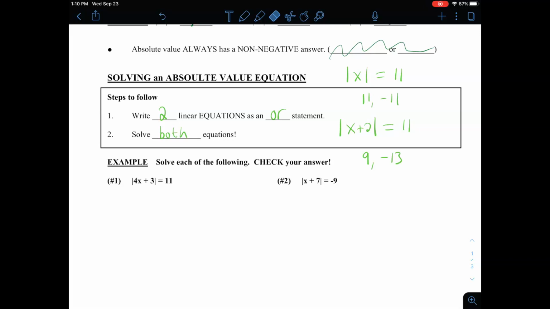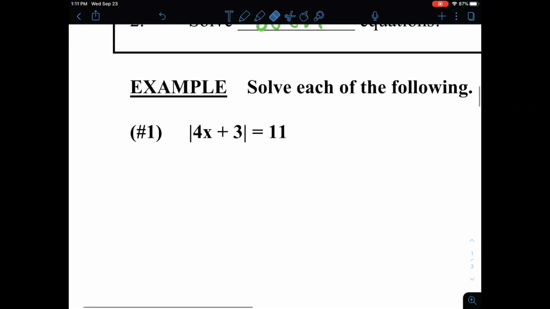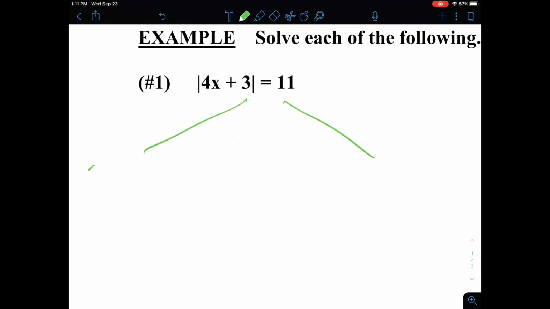All right, so we have the absolute value of 4x plus 3 equals 11. So we're saying what number x can be that'll end up being 11 away from 0 at the end when you plug it into that equation. So we're going to split this equation into 2. We're going to write it as 4x plus 3 equals 11, or, and also, the numbers that are 11 away from 0 are 11, and what else?